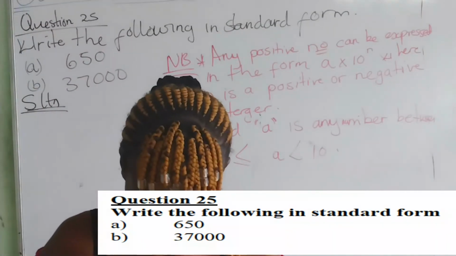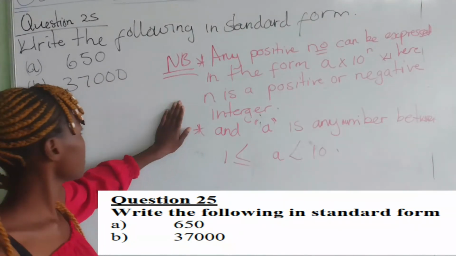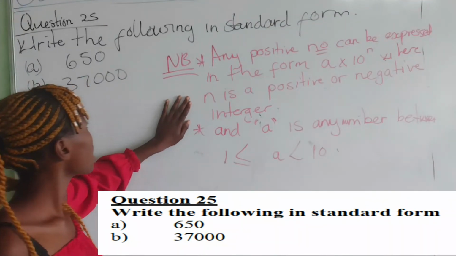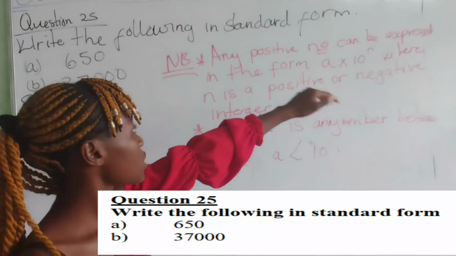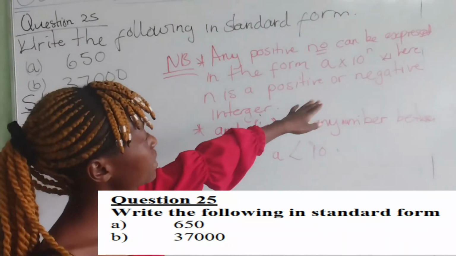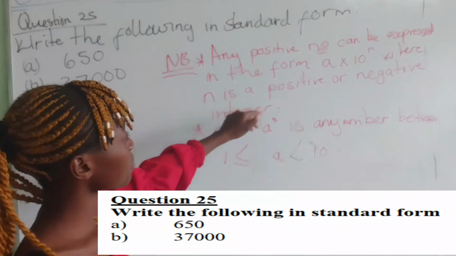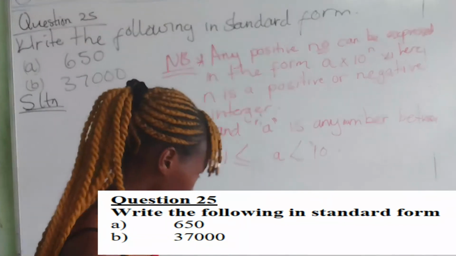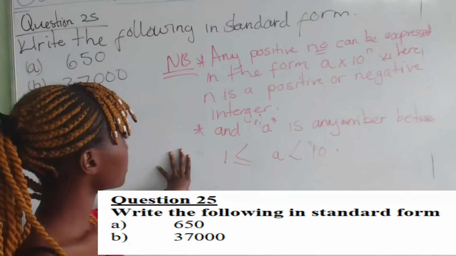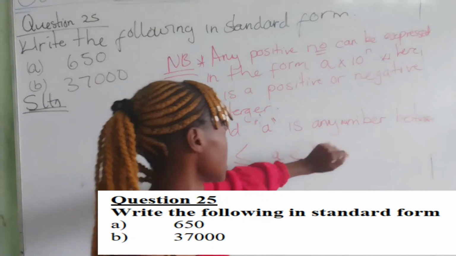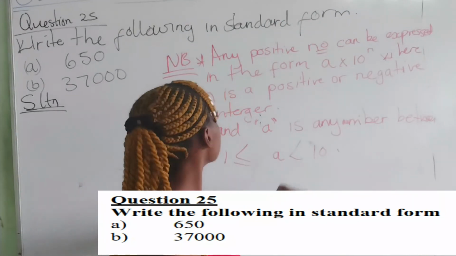Okay. So what do we mean by this note? We are saying any positive number can be expressed in the form a times 10 to the power n, where n is a positive or negative integer. And the second part says a is any number between 1 and 10.